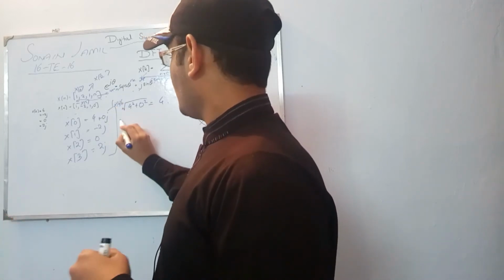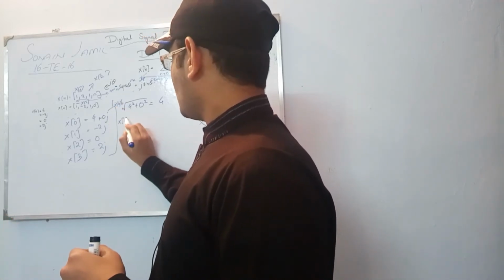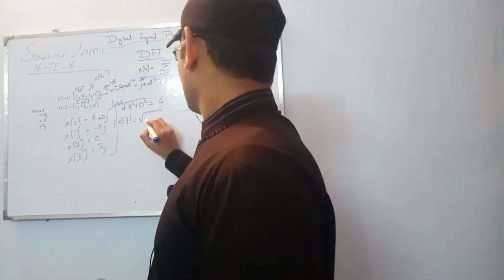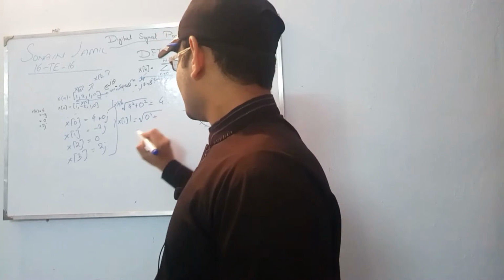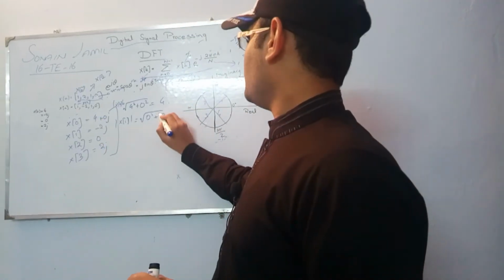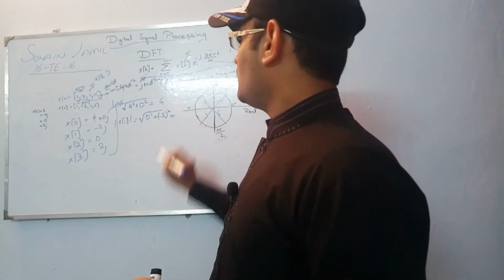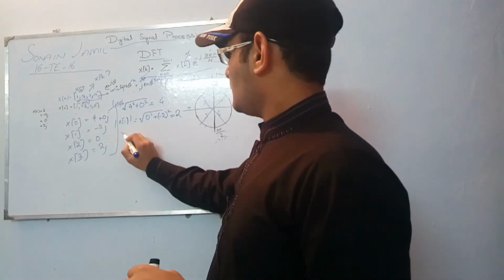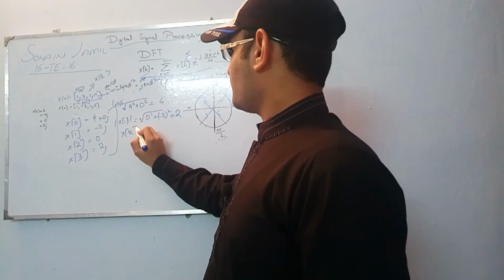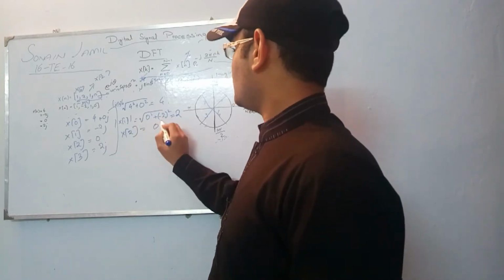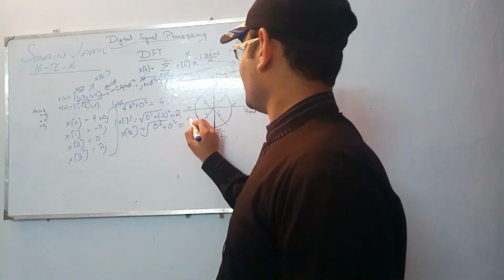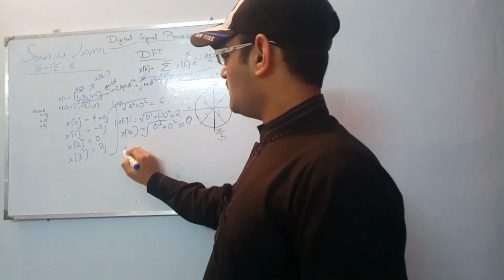Mod x of 1 is equal to... real part is 0, imaginary part is minus 2j, so it is 2. Similarly, both parts are 0, so 0 squared plus 0 squared comes out to be 0.